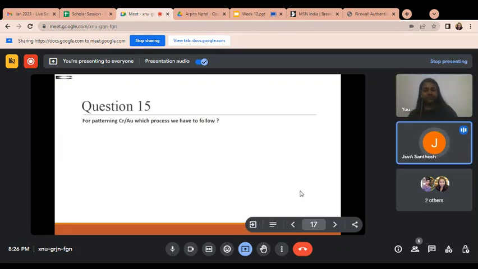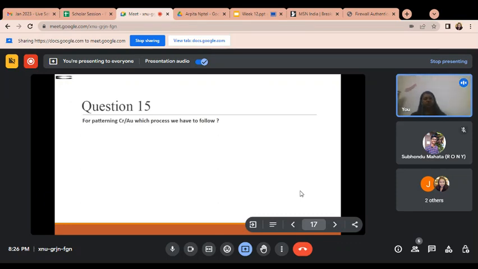Yes, positive photoresist. At first we will deposit the chromium and gold, then we will deposit the positive photoresist. After that, what process will we follow? Oxidation? No, not oxidation.